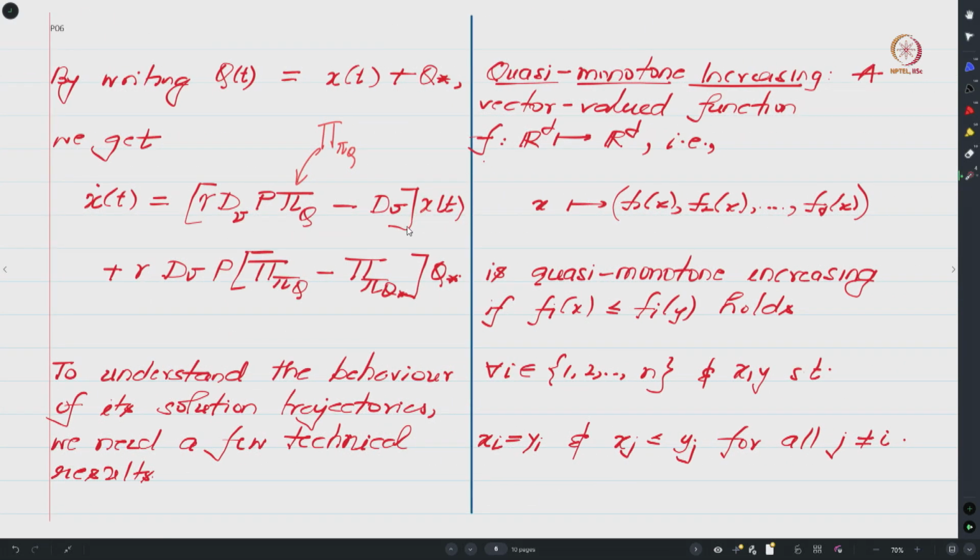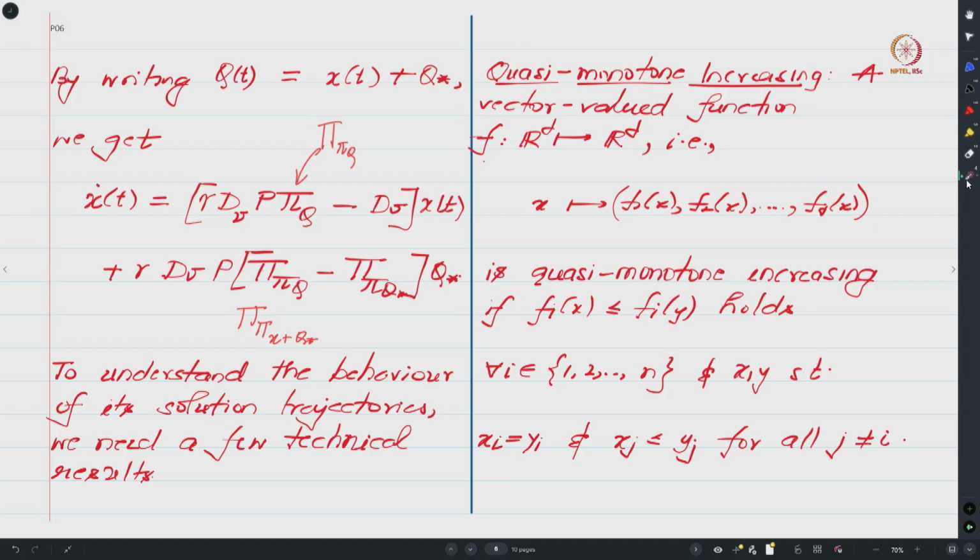So this will multiply x of t, and the remaining expression indeed will have gamma d nu p times pi subscript pi q minus pi subscript pi q star times q star. So one can see that we will end up with some expression like this, and for replacing this last q, one can also see that this can be written as pi x plus q star.